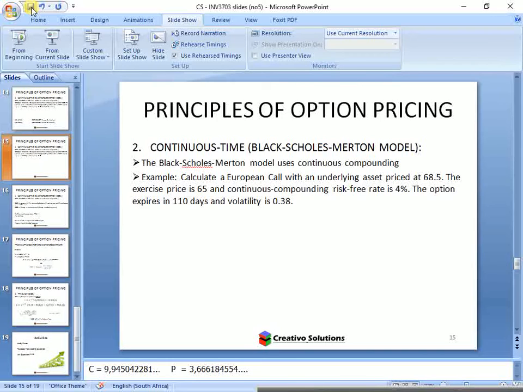Okay, I've got a couple of decimals, 29.8, and I'm doing 1.5. Okay, that's fine. At least we've got the right answer for that one as well. Alright, so that was continuous, looking at Black-Scholes-Merton.